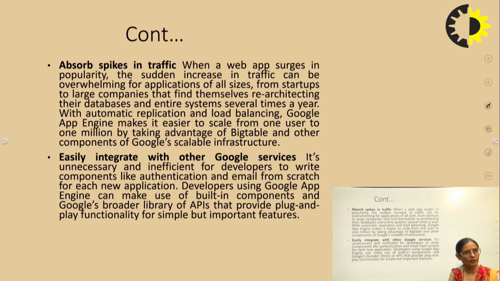These organizations find themselves re-architecting their database and entire system several times a year. With automatic replicating and load balancing, Google App Engine makes it easy to scale from 1 user to 1 million by taking advantage of Bigtable and other components of Google's scalable infrastructure.